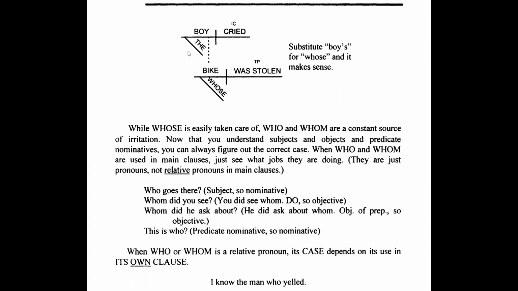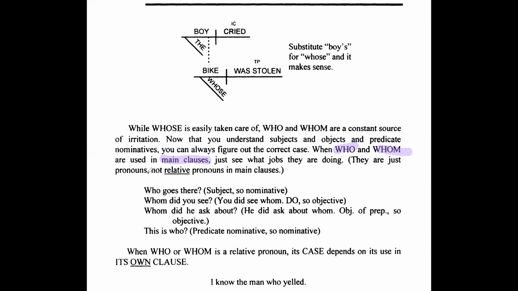Okay, so like I said, 90% of the time. But when who and whom are used in main clauses, just see what jobs they are doing. They are just pronouns, not relative pronouns in main clauses. Okay, so same word can take different roles. We've seen this before. So let's look at these.